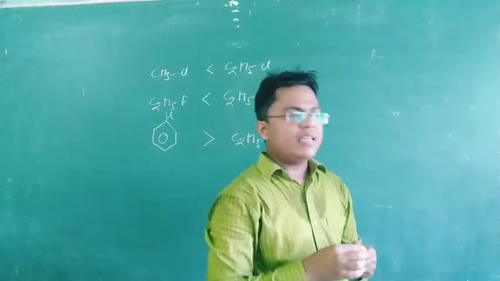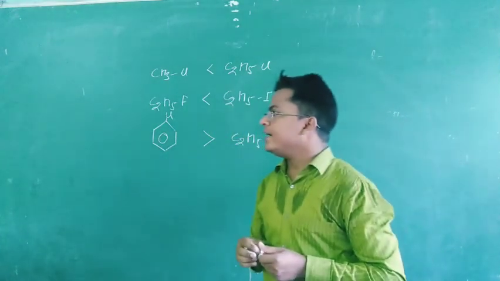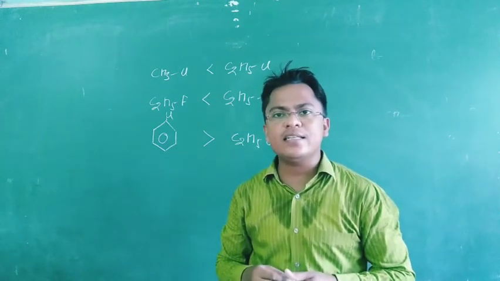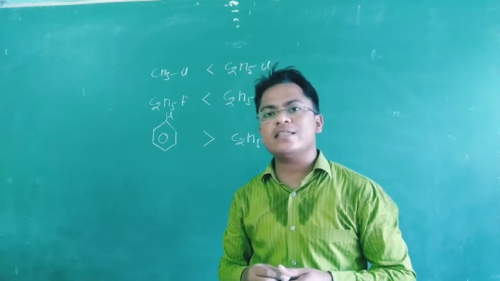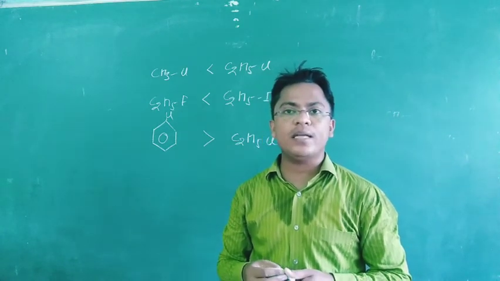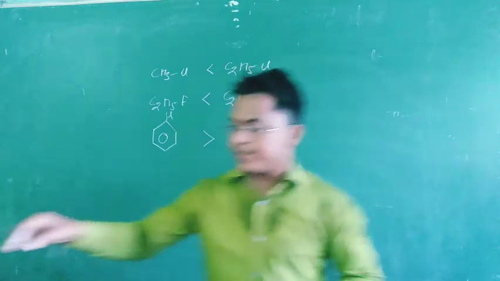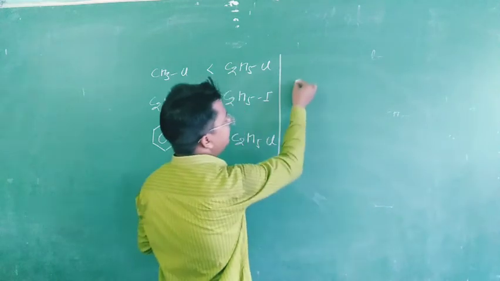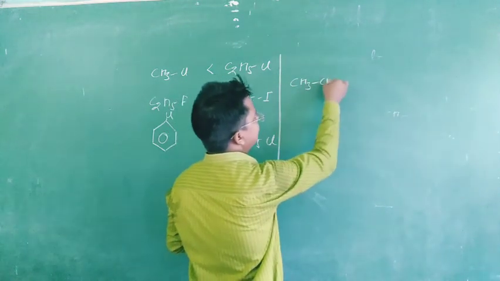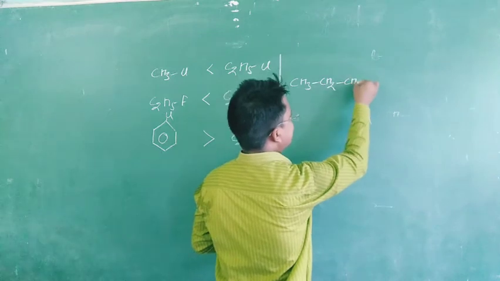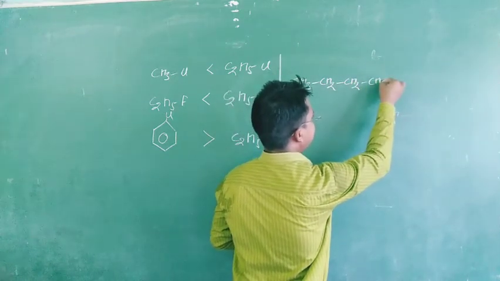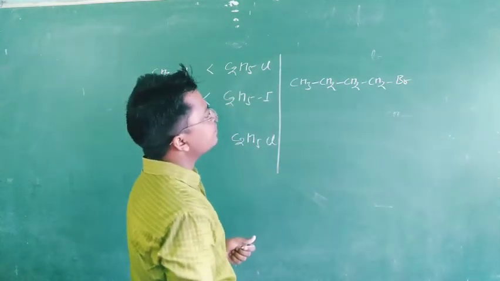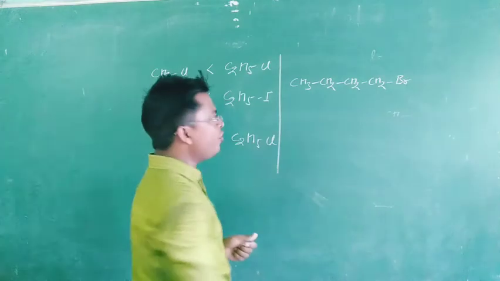In the case of isomeric alkyl halides, the boiling point generally decreases on increasing the branching. As the branches increase, the boiling point will decrease. Let's have one example: 1-bromobutane.